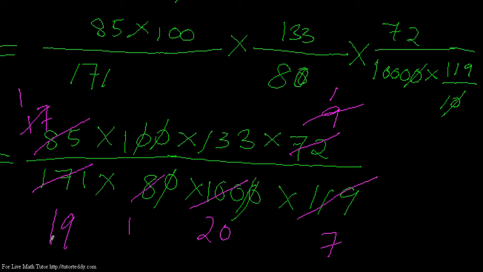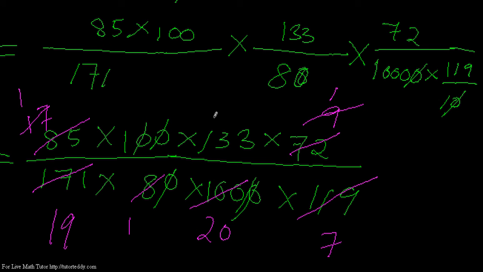Next we check whether 133 is divisible by 7 or not. See, 7 ones are 7.